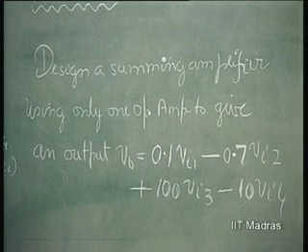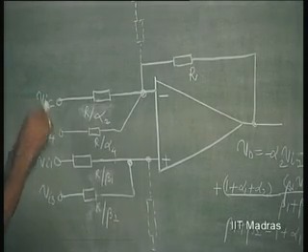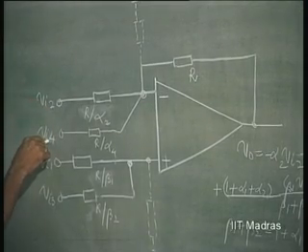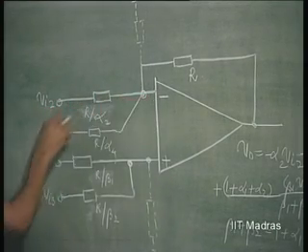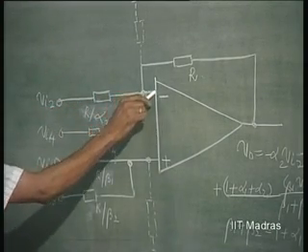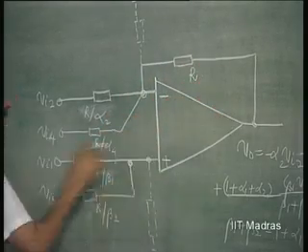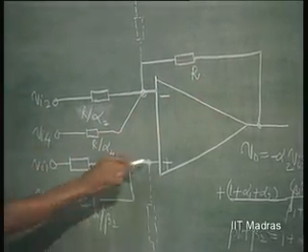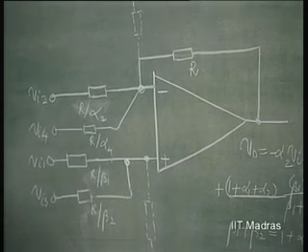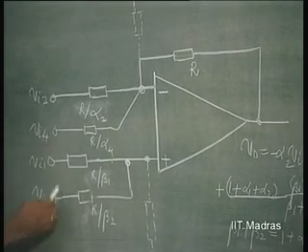So, Vi2 and Vi4 which have negative coefficients can be fed to the op amp through resistors which will come to this point. So that when these inputs are not considered, the inputs connected to the positive side can be connected to ground.